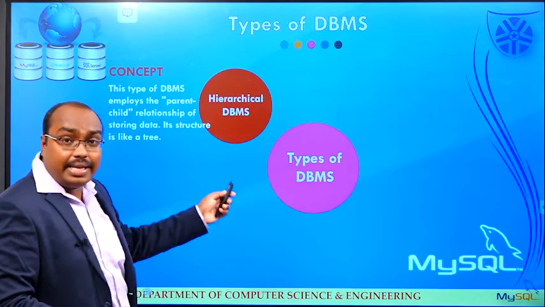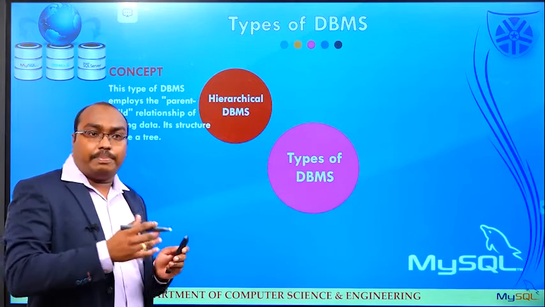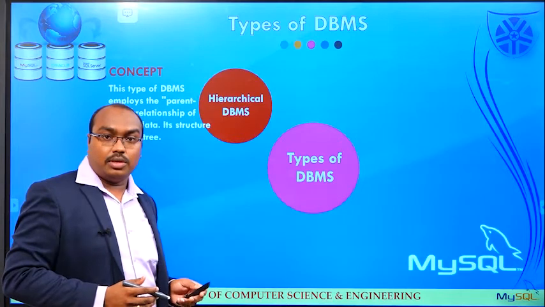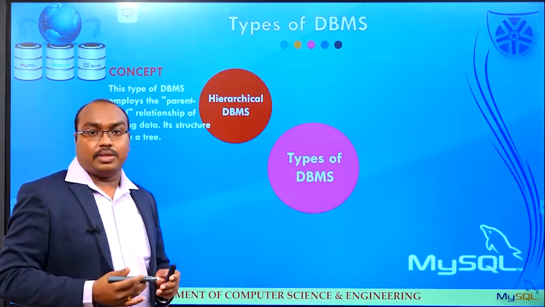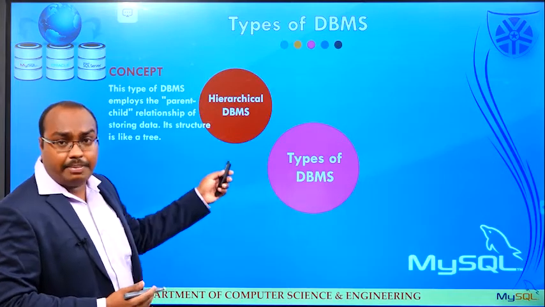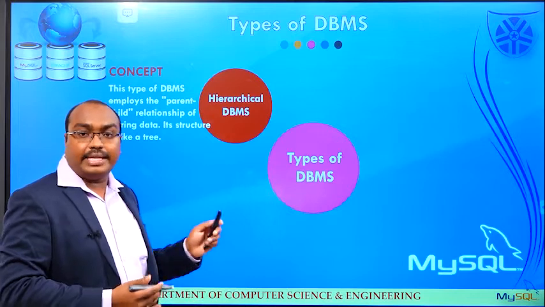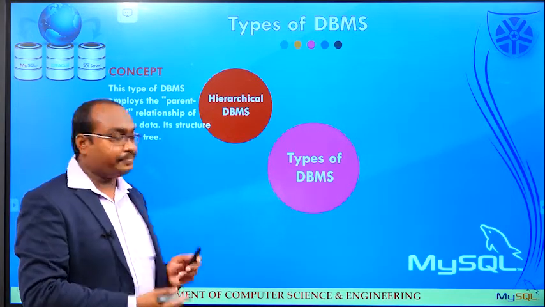In this hierarchical DBMS, every node maintains a parent-child relationship. Every parent has particular children. So the data should be kept in a parent-child relationship format.